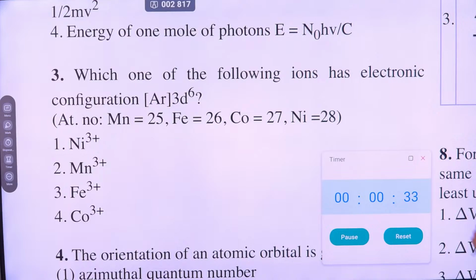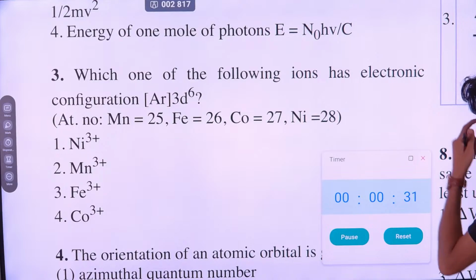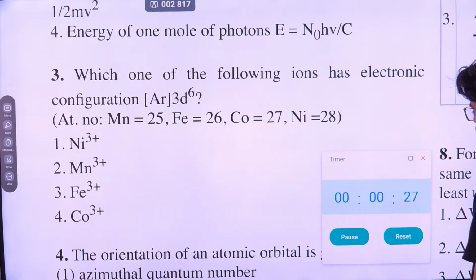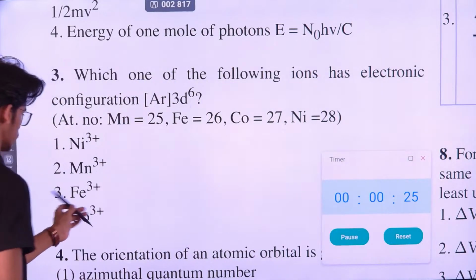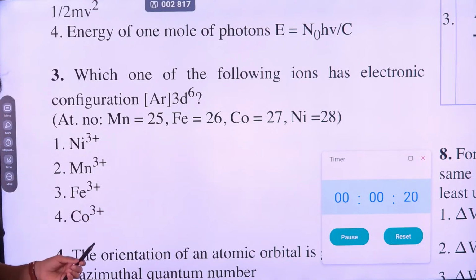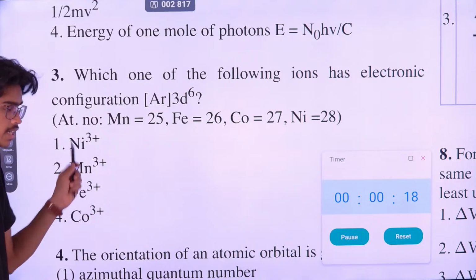It should involve 3d6. Remember, the ions are charged: Ni3 positive, Mn3 positive, Fe3 positive, Co3 positive. So remove 3 electrons because all of these are 3 positively charged.